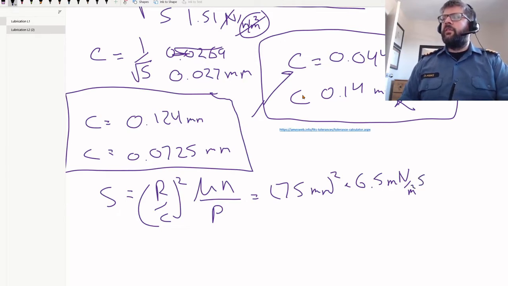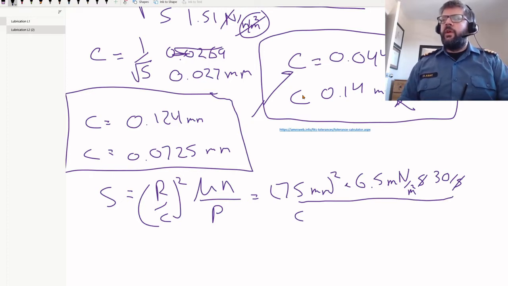Revolution speed is 30 revolutions per second. Cancel out the seconds. Divide by C squared. And our P, the bearing pressure, which was 1.5 megapascals, so 1.5 newtons per millimeter squared.